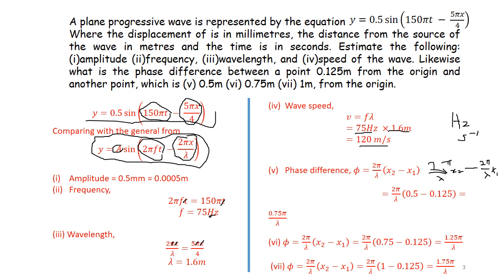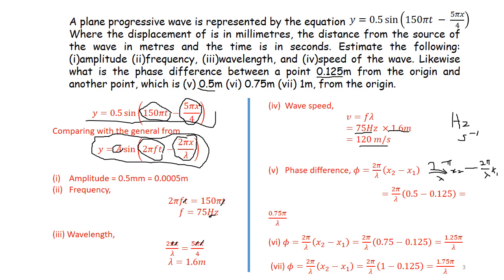Okay, so here now this is our x1 and this is our x2. So x1 is 0.125. In the first case, x2 is 0.5. In the second case, x2 is 0.75. In the third case, x2 is 1 meter.